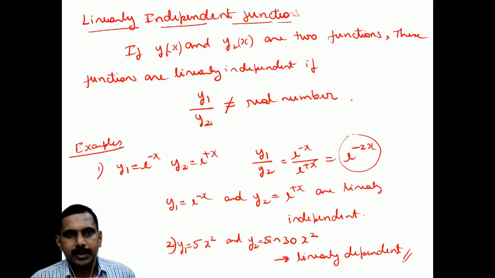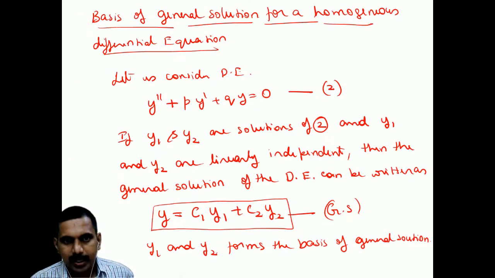Next we saw what is meant by linearly independent functions. y1 and y2 are linearly independent if dividing one by the other does not yield a real number; it should yield some function. Next we saw the basis of the general solution for a homogeneous differential equation.